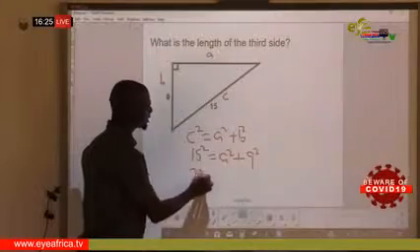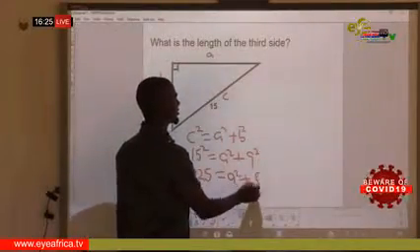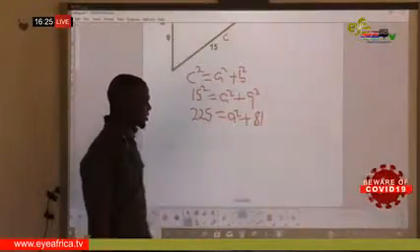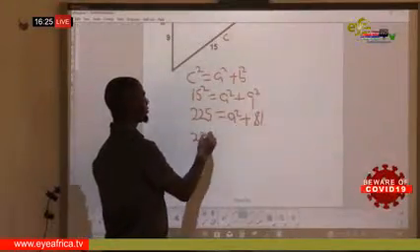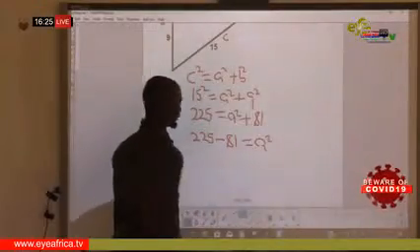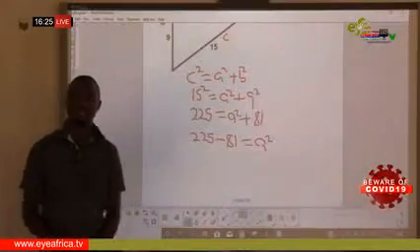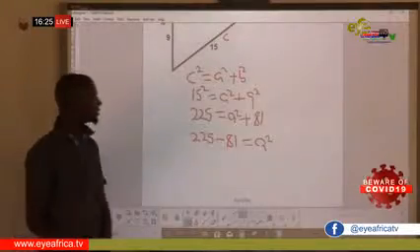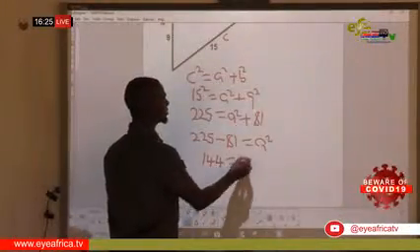So you'll have 225 equals A square plus 9 square, which is 81. You transpose the 81, that is 225 minus 81 equals A square. 225 minus 81 is 144. So you will have 144 equals A square.